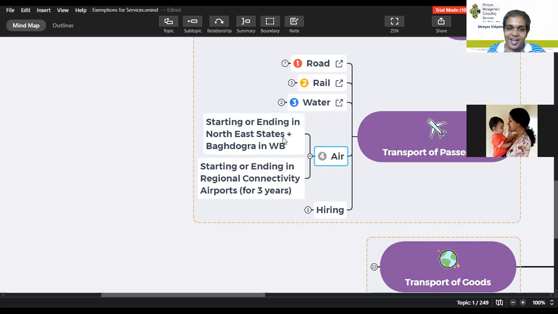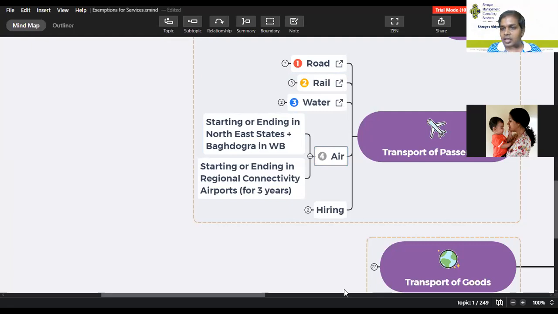All these are states where the air traffic is very, very less. You don't see many people traveling there except for tourism. So what the government says is, any flight which is starting or ending in these northeastern states, no GST for those flights for transport of passengers.